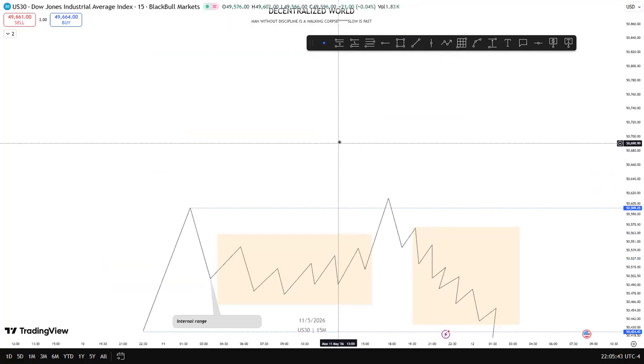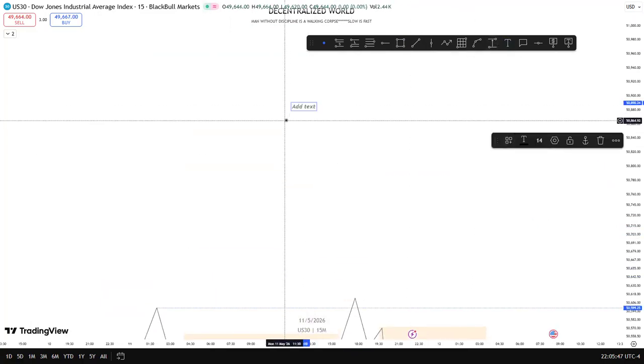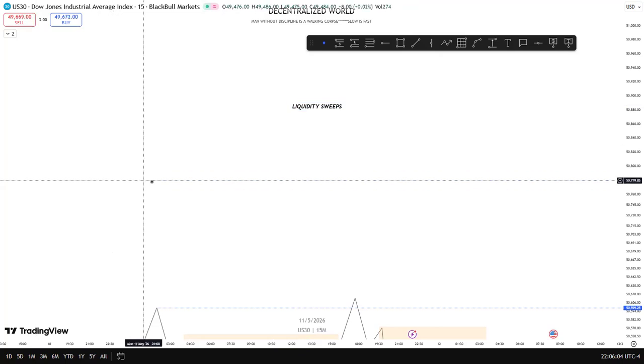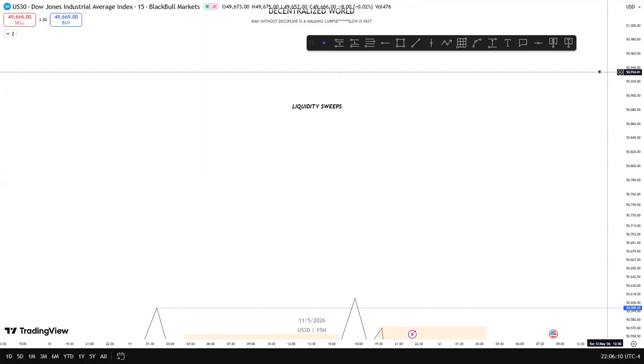There is another thing called liquidity sweeps. A liquidity sweep occurs when price briefly moves beyond a level to collect liquidity before reversing.